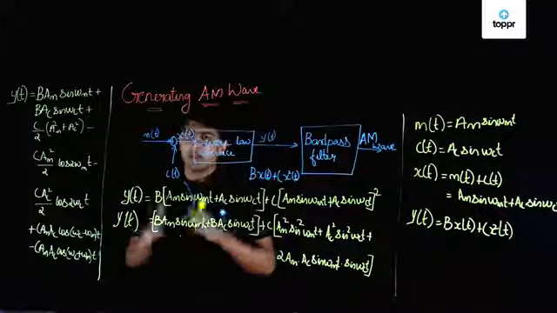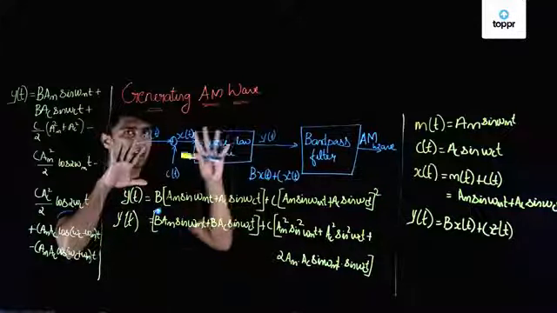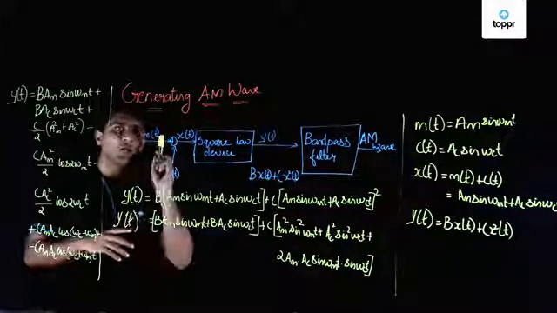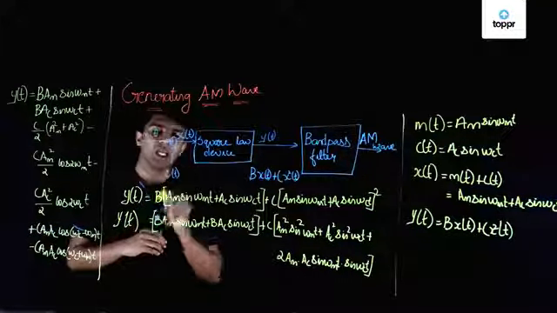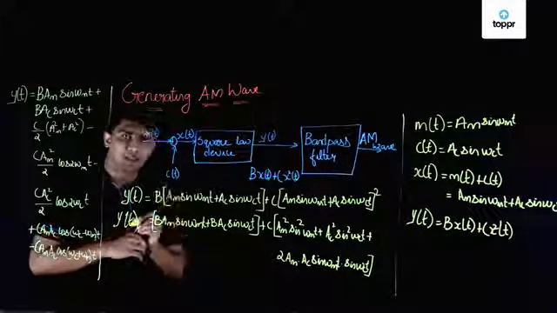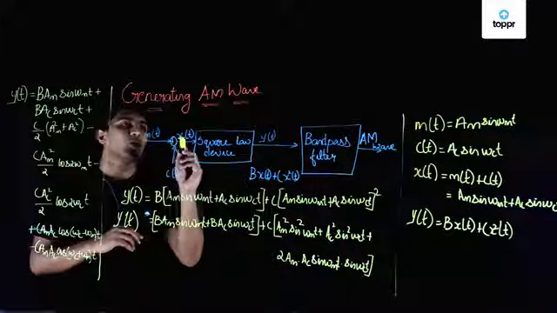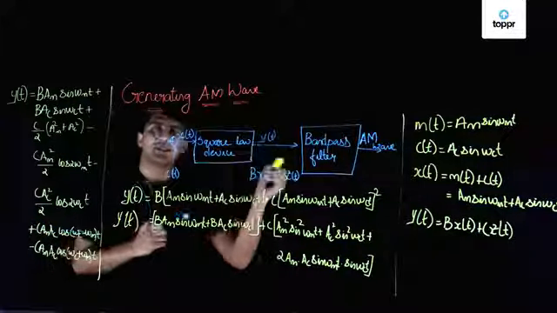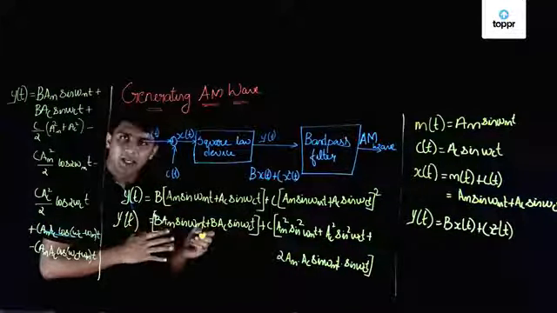So I'll repeat it one more time. First, just remember this block diagram. We know the equation for the modulating wave, which is Am sin ωmt. We know the equation for c of t, which is Ac sin ωct. When we add these two, we will get x of t, which is Am sin ωmt plus Ac sin ωct, right?